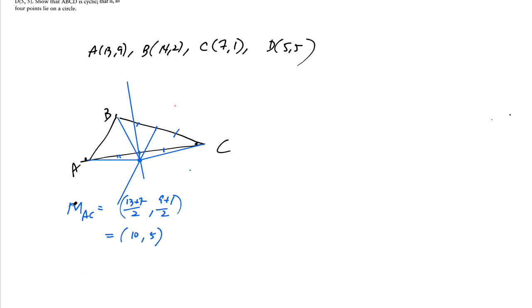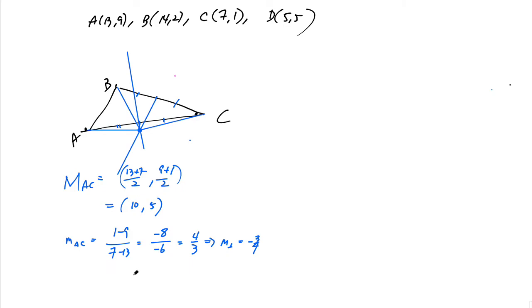And let's get the slope of AC, so we can get the perpendicular slope. That's (1 minus 9) over (7 minus 13). Divide top and bottom by 2, it's 4 over 3, which means the perpendicular slope is negative 3 over 4. So y equals negative 3 over 4 x plus b.